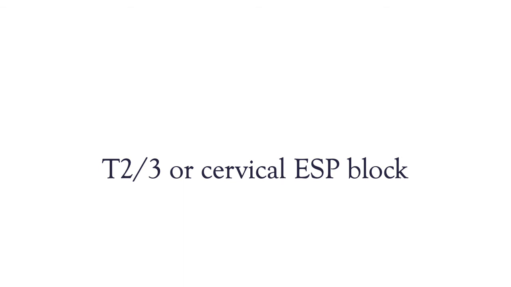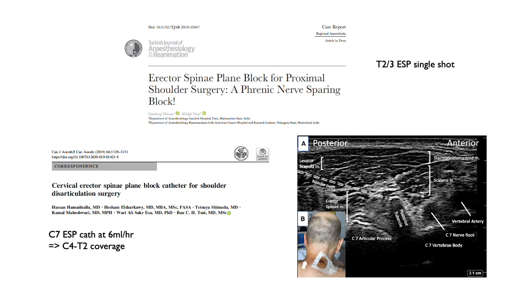So lastly, the last block I would like to introduce is the upper thoracic or the cervical erector spinae block. So for those regional block lovers, you must know that ESP block is so popular in recent years. There are a lot of studies for different surgeries.